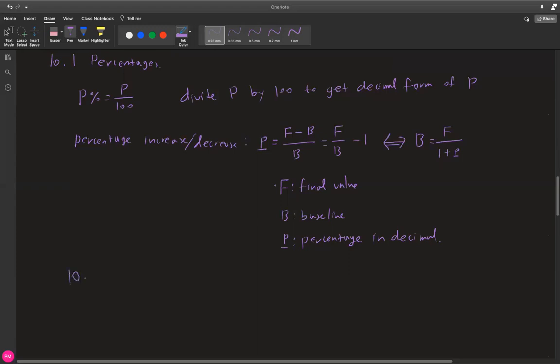So chapter 10.2 is when we actually start doing some mathematical finance, and this is the simple interest.